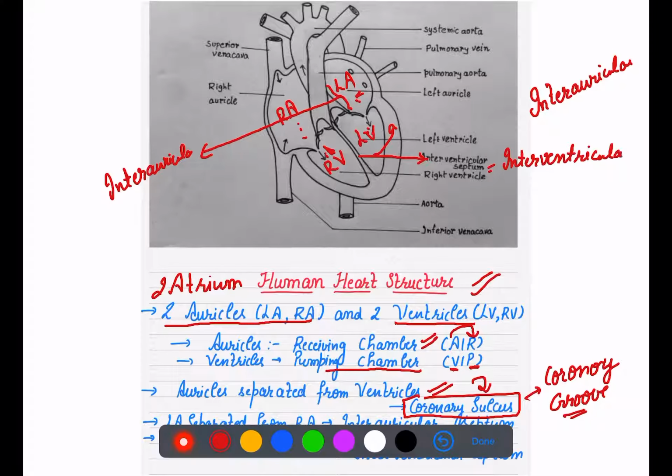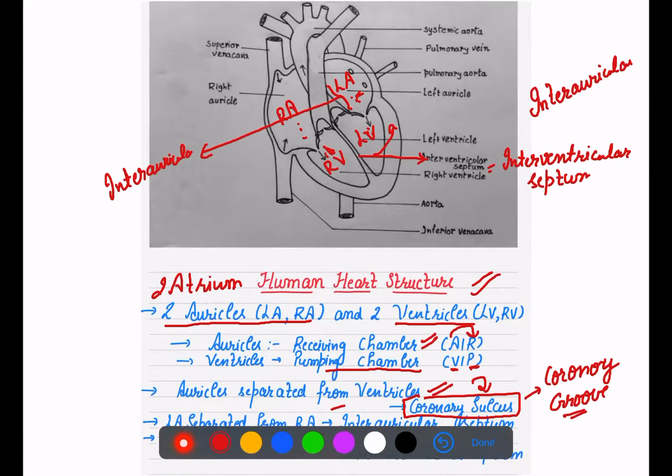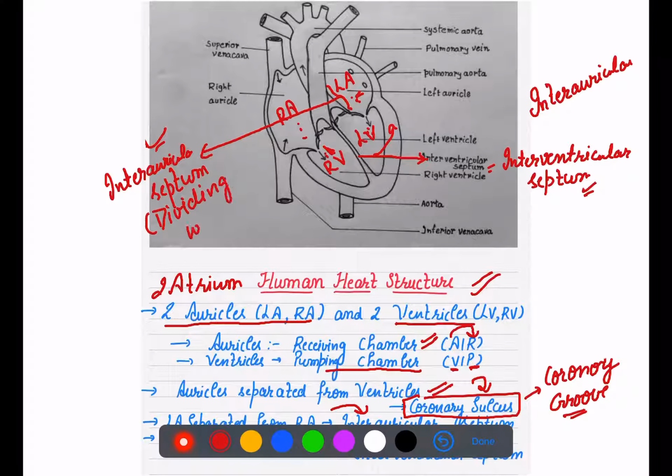And the interauricular septum is separating these two auricles from each other, the right atrium from the left atrium. Clear? So which is separating auricles, that is the interauricular septum, and which is separating ventricles from each other, that is called the interventricular septum. So a septum is like a dividing wall which is separating two compartments from each other.